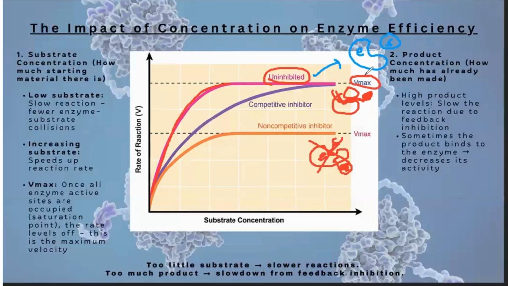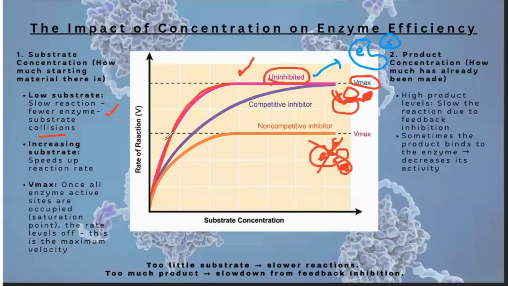So in a normal scenario, we have a low substrate, slow reaction, fewer enzyme and substrate collisions, I should say.